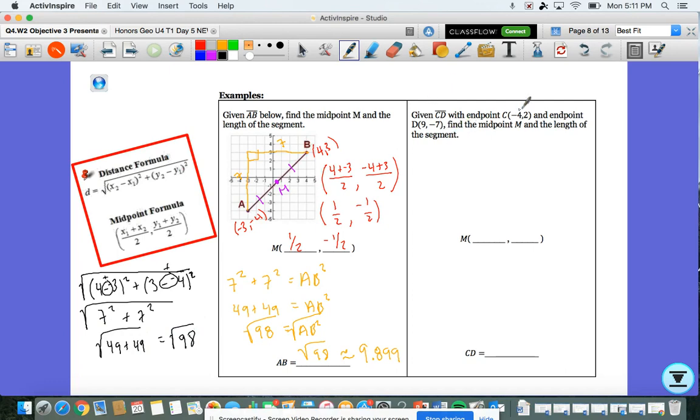In this second example, we're given 2 points and we're not given the graph. So yes, I could sketch myself a graph, but why don't we think about this like how we did over here. I have these 2 endpoints of CD, and I'm going to go ahead and plug it into the formula. So -4 plus 9, I'm going to average my x's, and I'm going to average my y's. Okay, so let's see where that gives me. -4 plus 9 is 5.